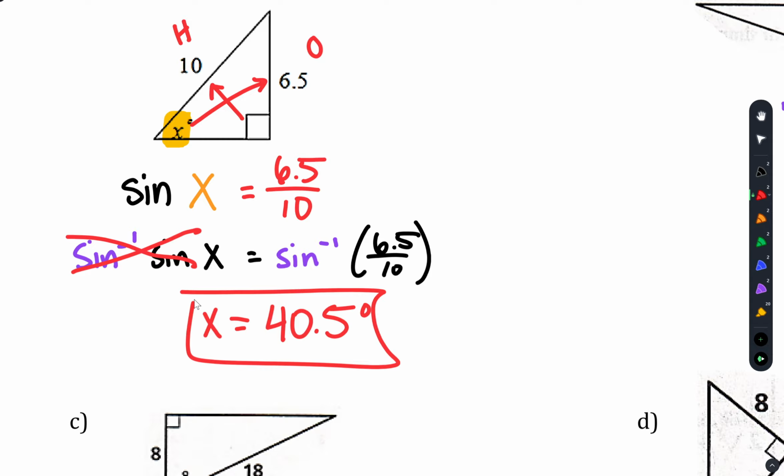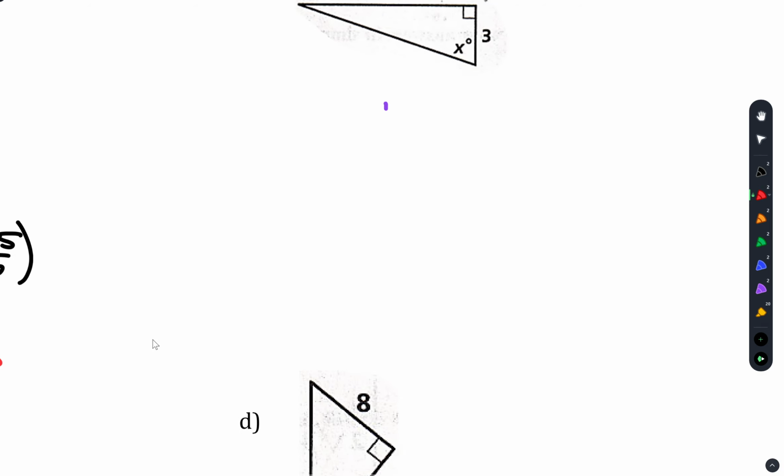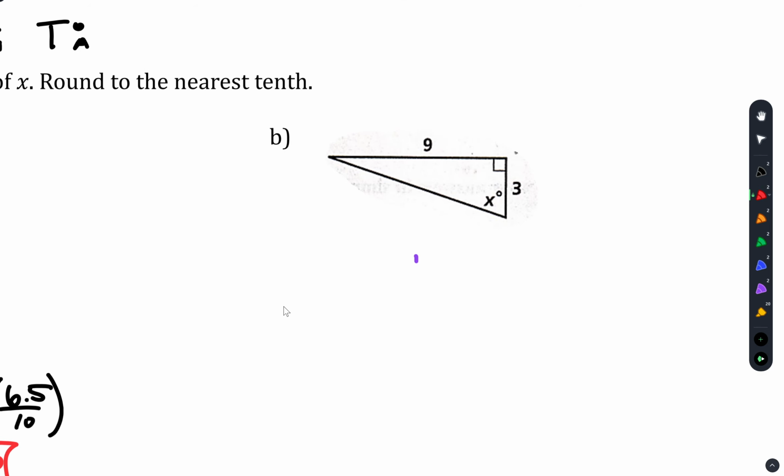Okay, you think we can do one? Let's do B together. What are we going to pick here? We want to pick tangent. So I'm looking at my angle. I know I have the opposite and I have the adjacent, so that is tangent. What comes right after tangent?